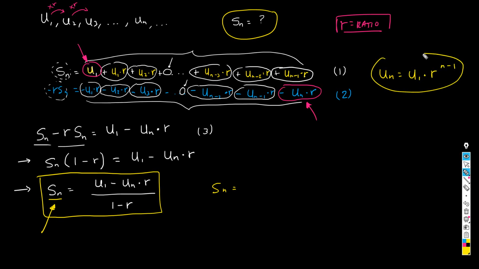So we can use this un and replace it right there. So we will have u1 minus u1 times r to the n minus 1, times r over 1 minus r. You see, all of this is equal to this, according to this. You have to stop the video and make sure, because I know that you can get mixed up. It's a little confusing.